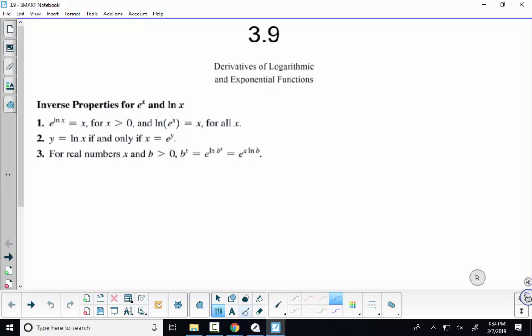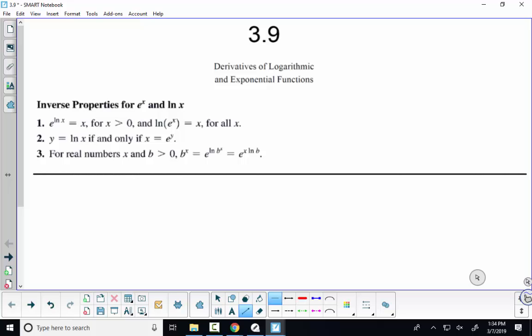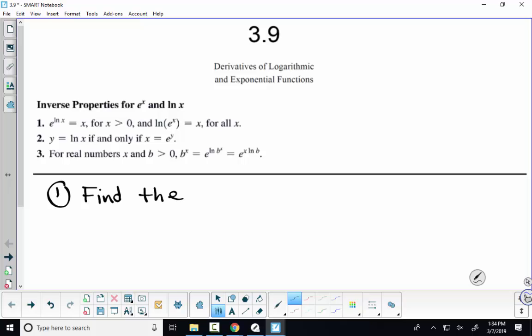So the first function we're going to look at is the natural log. I'm going to find the derivative of y equals the natural log of x.